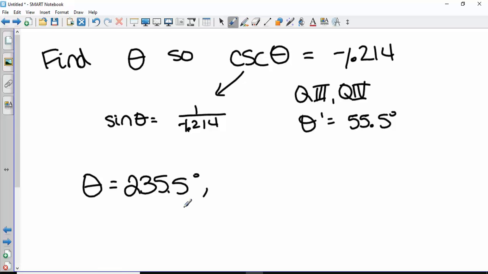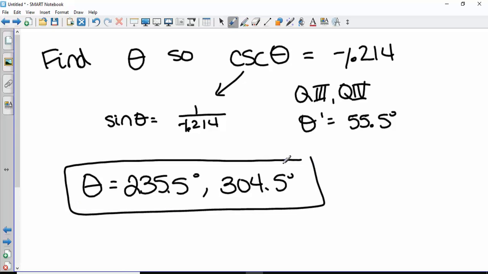And then for quadrant 4, 360 minus 55.5, we get 304.5 degrees. Is that one okay? So quadrant 3, you always add 180.